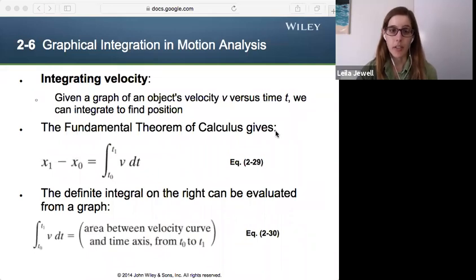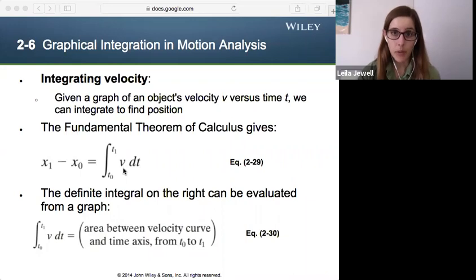So if we integrate the velocity instead of integrating the acceleration, then when we integrate that, we get the change in position. So delta x is equal to the integral of the velocity dt. Once again, if we know the acceleration is constant, and we know how the velocity depends on time, we could put in an equation there and do the actual integral.